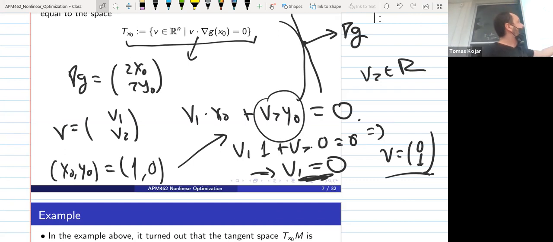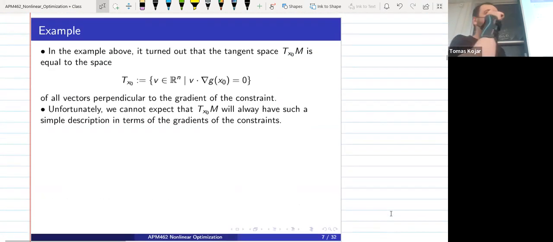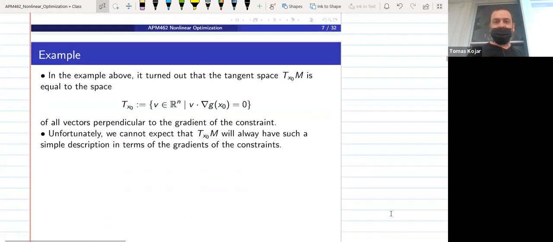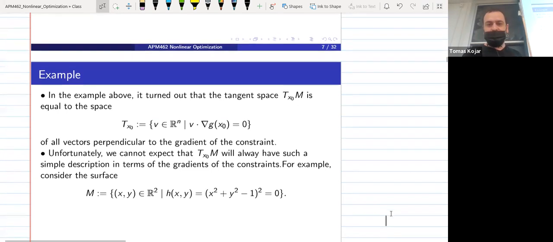So you can just solve a 2x2 system. All right, very good. So yeah, here's the counter example. So unfortunately, we cannot always have it in this simple description. Here's the counter example. So this manifold, if you look at any tangent of it, unfortunately, it doesn't.